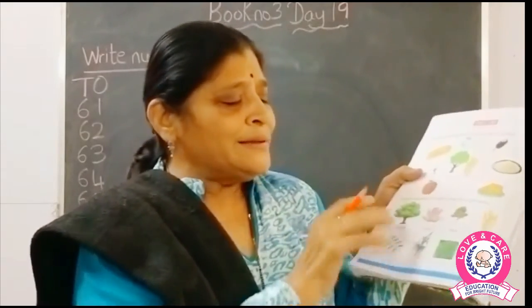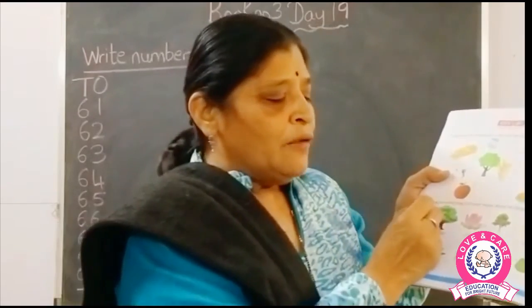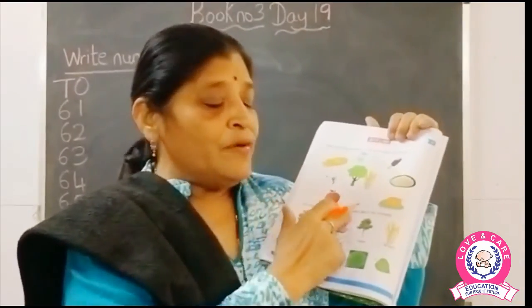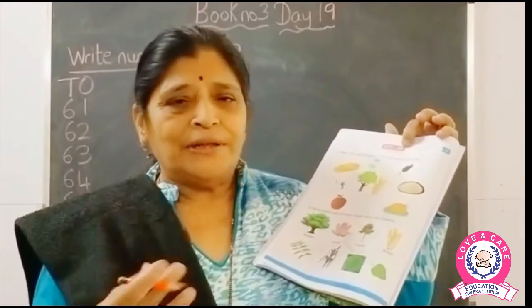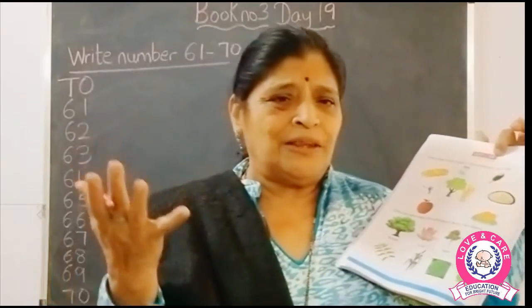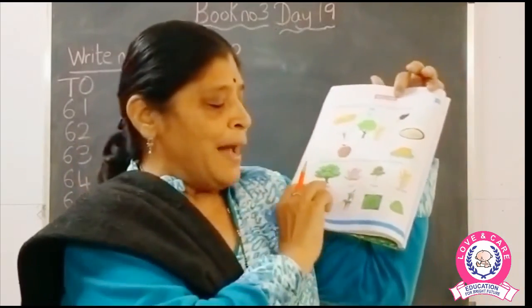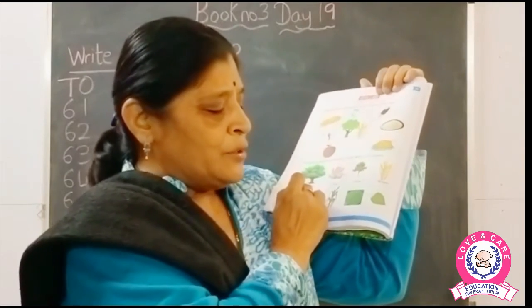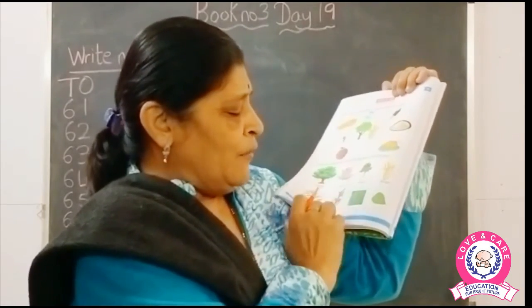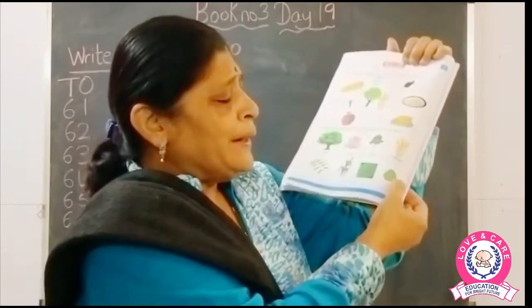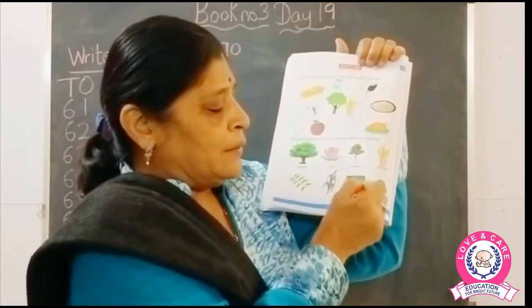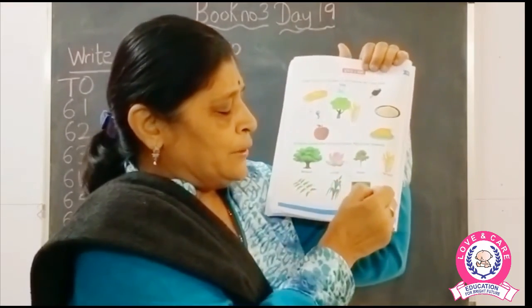Now, here is the next question. Different plants have different leaves. Match it. So you have to match it. See, this is a banyan tree. So the leaf for the banyan tree is here. So match it here. From here you have to match it to the last one.